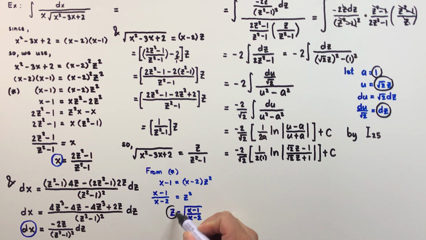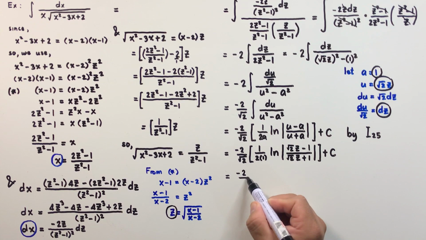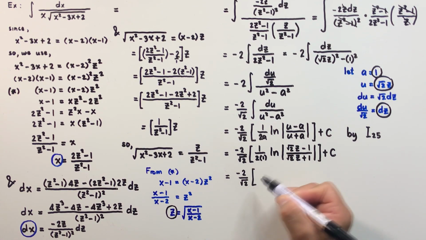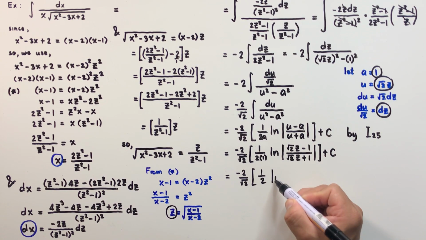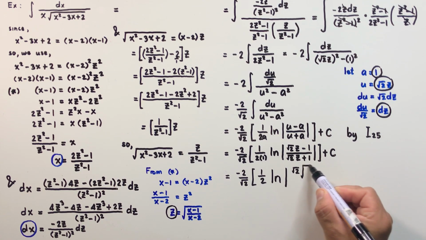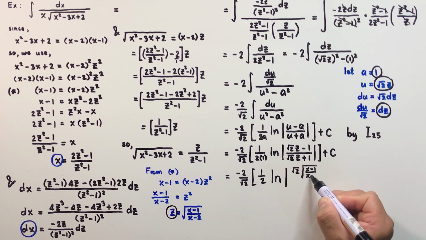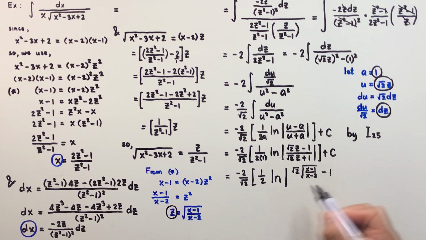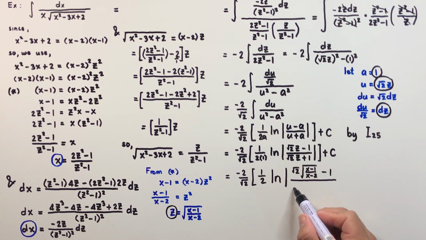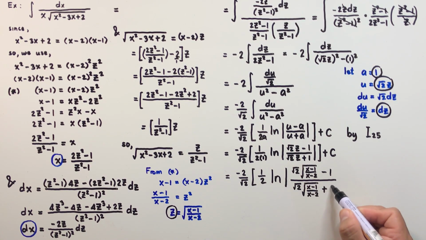Thus, substituting this value of z here in our answer, we have the negative 2 over the square root of 2 times 1/2 of the natural log of the absolute value of the square root of 2 times the value of z, which is this one here, the square root of x minus 1 over x minus 2 minus 1 over this denominator of square root of 2 times z, which is this again, square root of x minus 1 over x minus 2 added to 1 here.